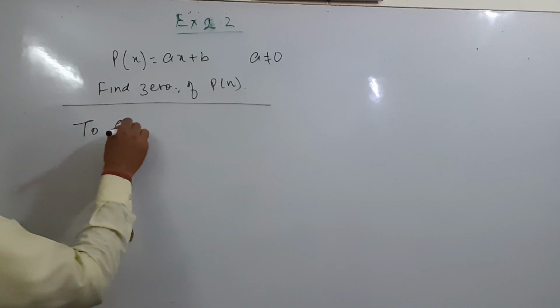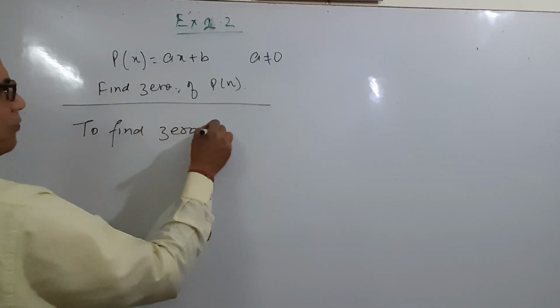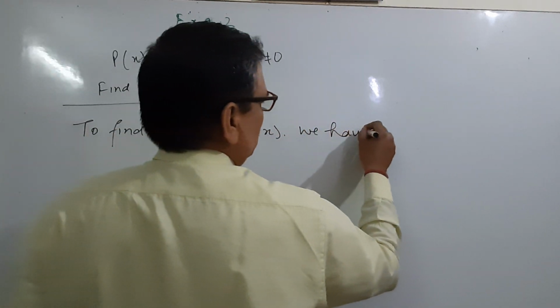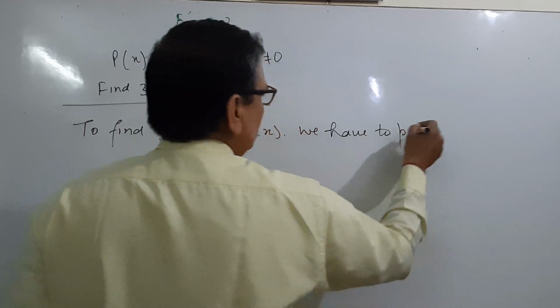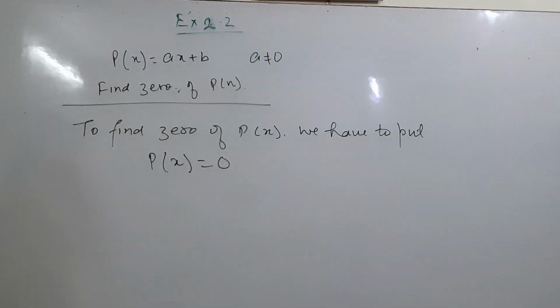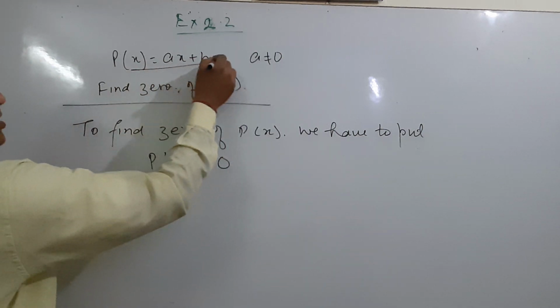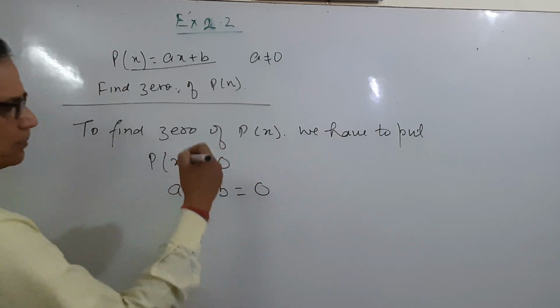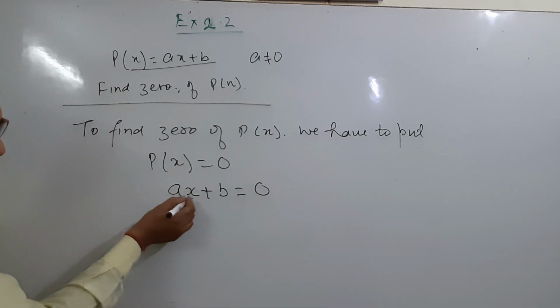To find the zero of p(x), we have to put p(x) equal to 0. What is p(x)? This one: ax plus b equal to 0. We have to find the value of x.